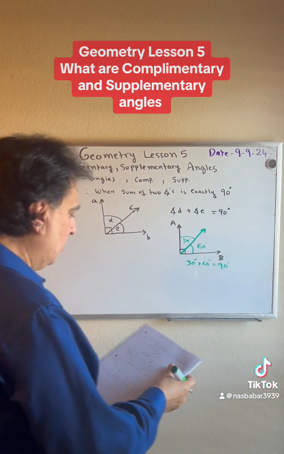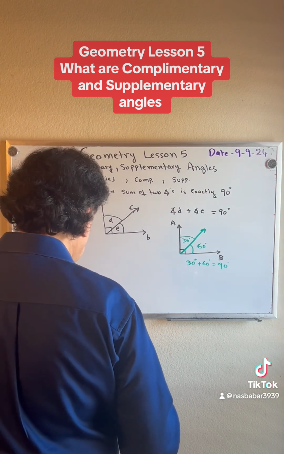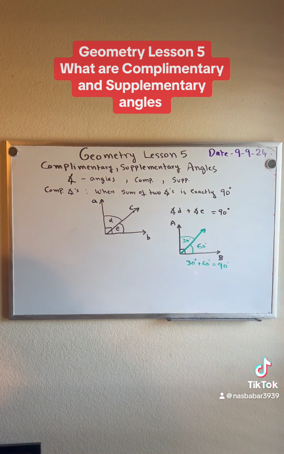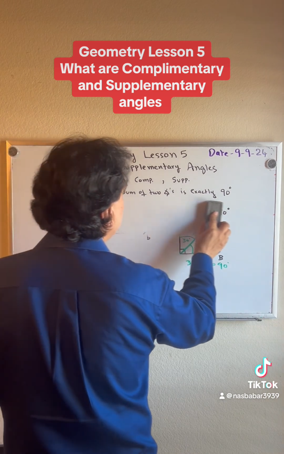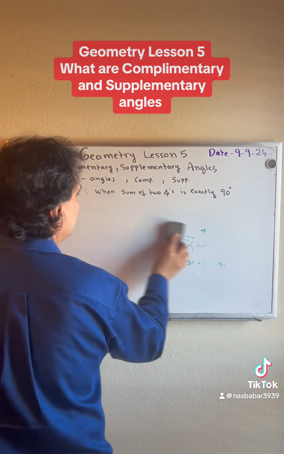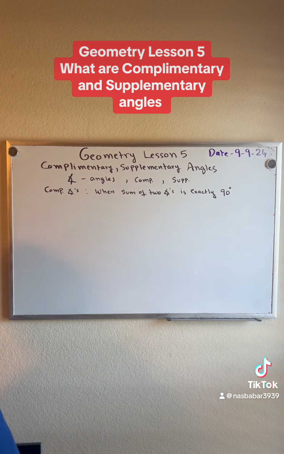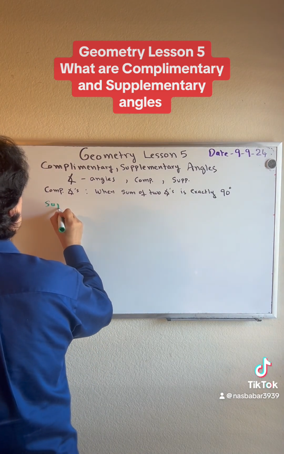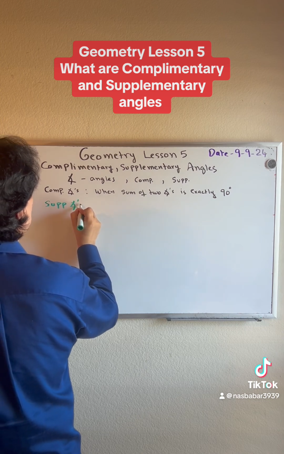So now let's look at what supplementary angles are. Supplementary angles are pretty straightforward. The name is scary, but it's really easy. Supplementary angles are basically when the sum of two angles is 180 degrees.